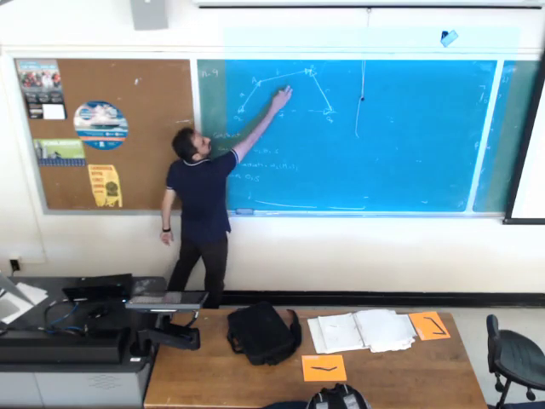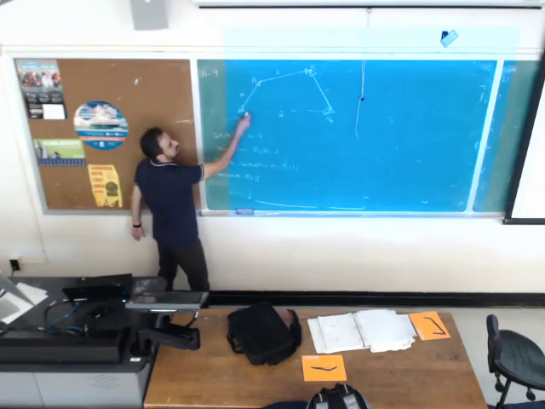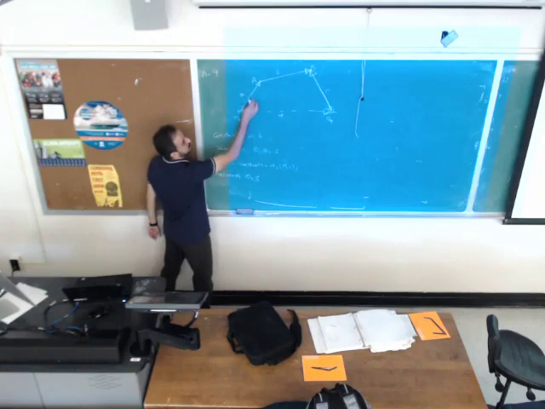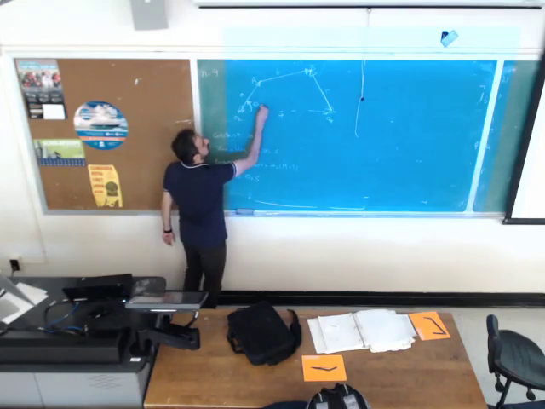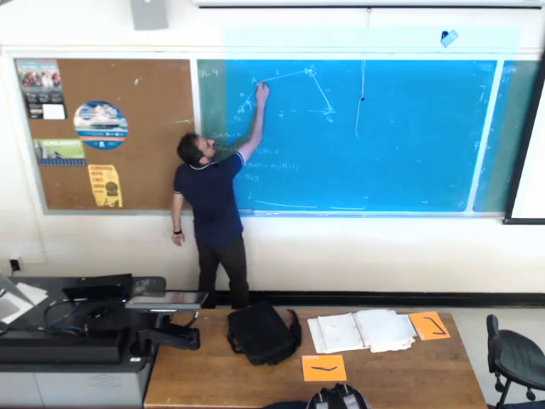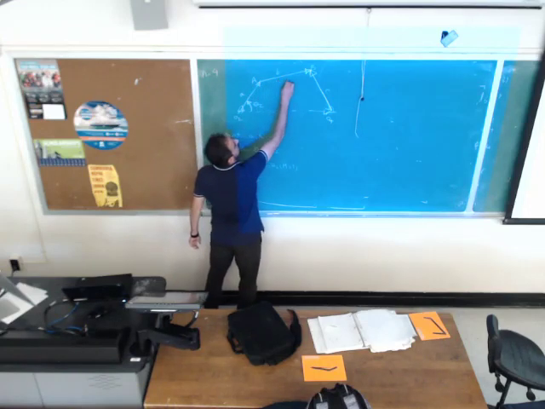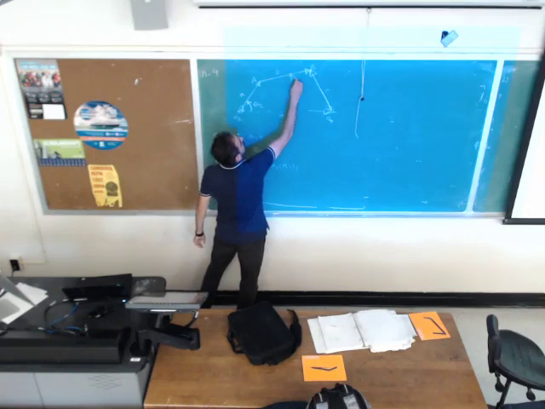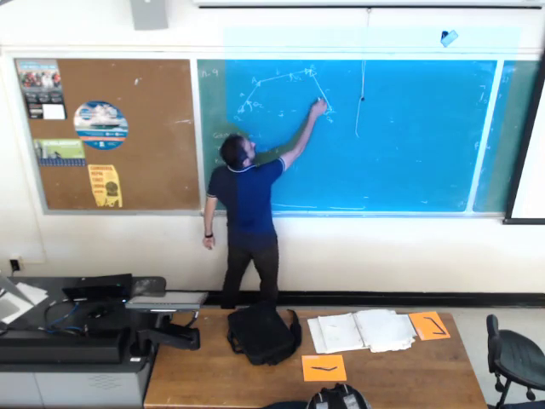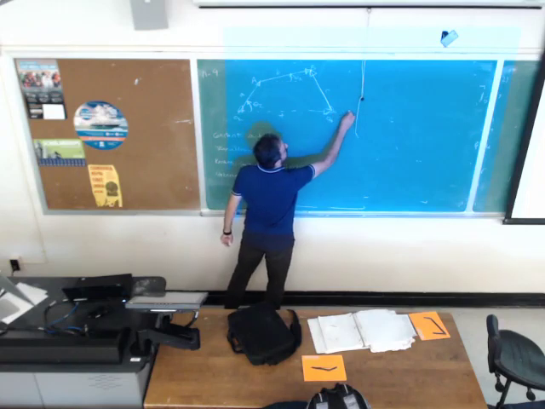After you form the vectors, you can label the angles. For link 2, the angle should be measured at the starting point of the vector in the counterclockwise direction. Theta 2. For this link, I should measure theta 3 at point A. Link 4, I should measure at this point.